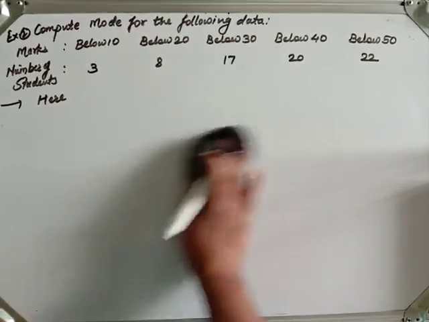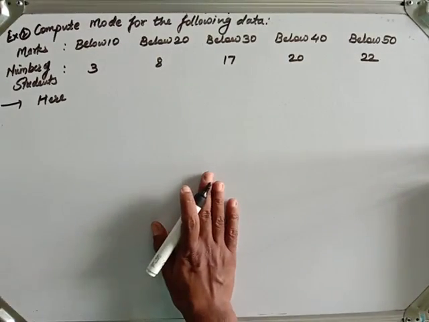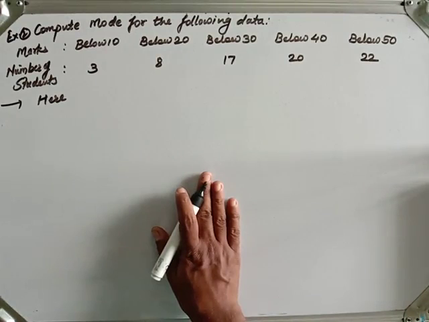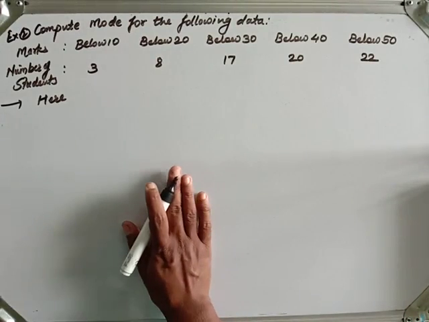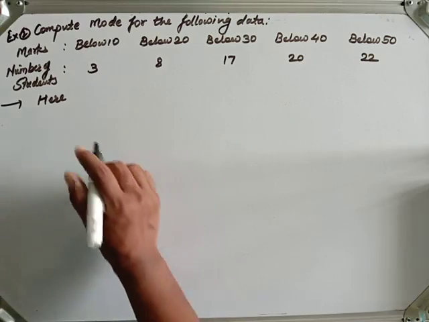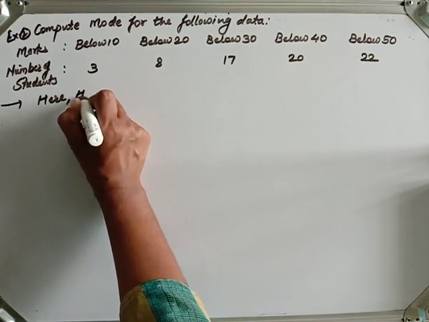So first of all, here the less than type cumulative frequency distribution is given, from which we can find the frequency distribution. How can we find the frequency distribution? Let me tell you. Let me write that thing first.